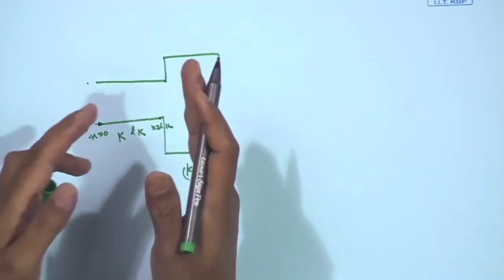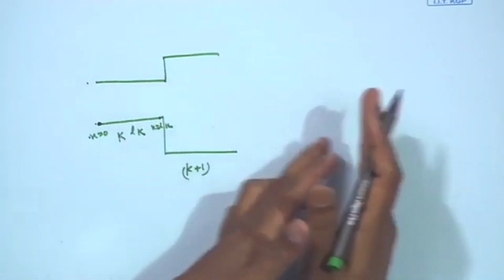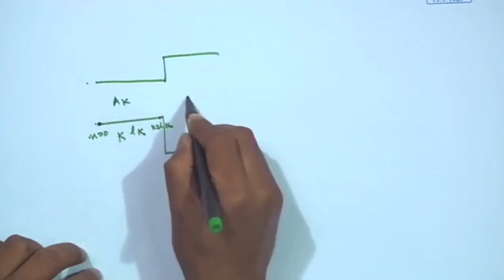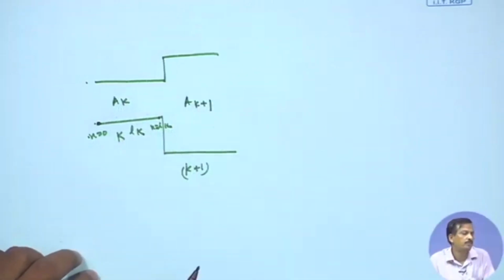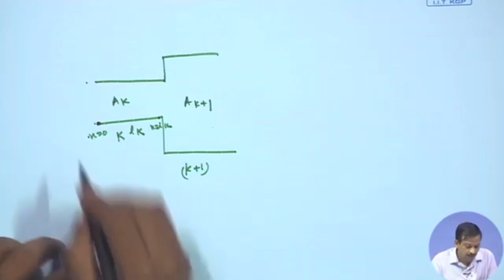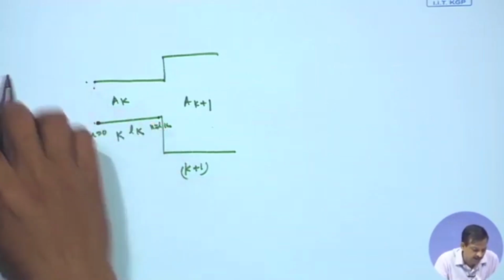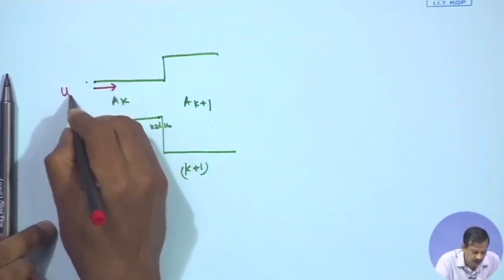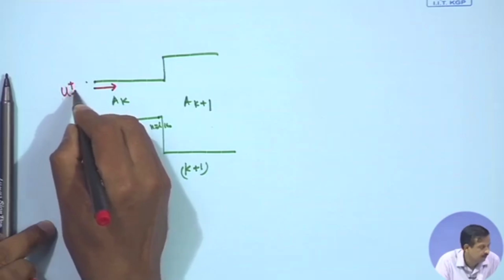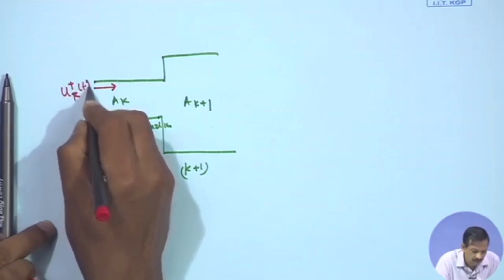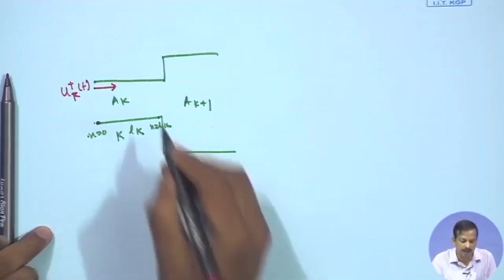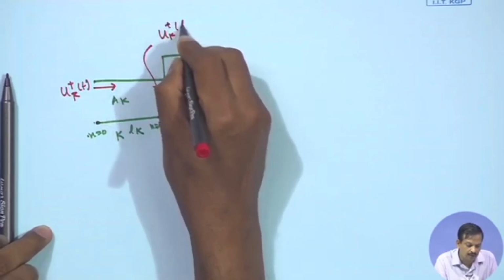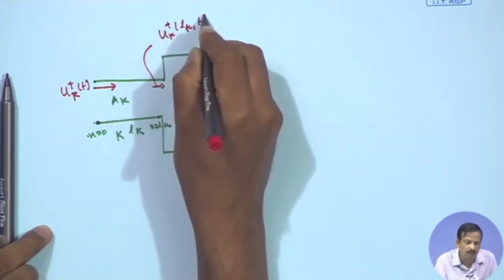So, let us solve for a single junction, this will be replicated at every junction. The cross sectional area of this tube is Ak, and of this tube is Ak plus 1. Here, the volume velocity which travels along the tube as the forward wave is uk plus of t, or you can say uk t, and here it is uk plus 1 at Lk, t.